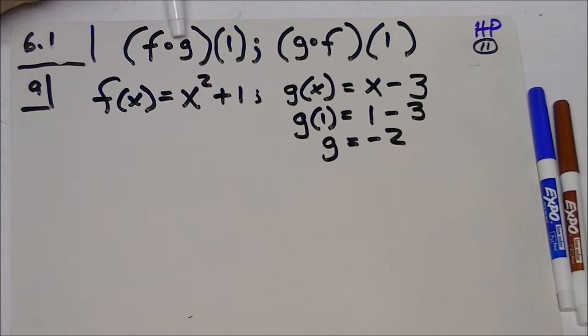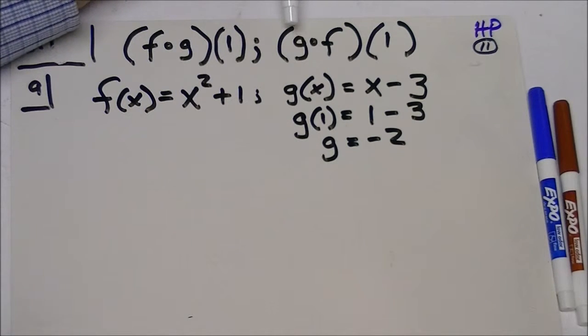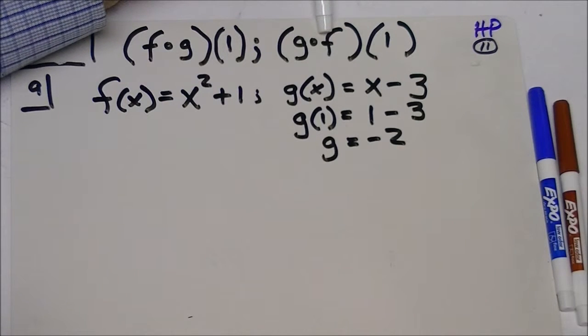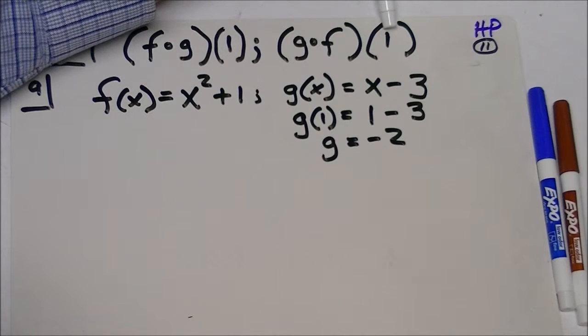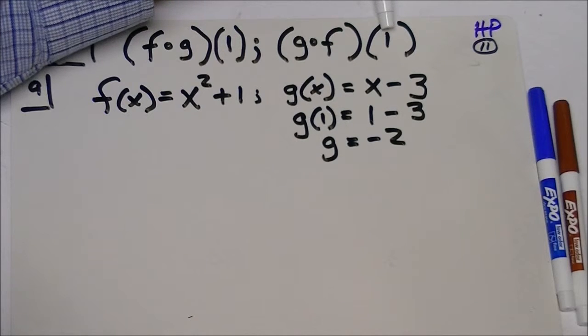So f composed of g, and we're taking the value of 1. Then later we're going to do g composed of f. Again, the value will be 1.